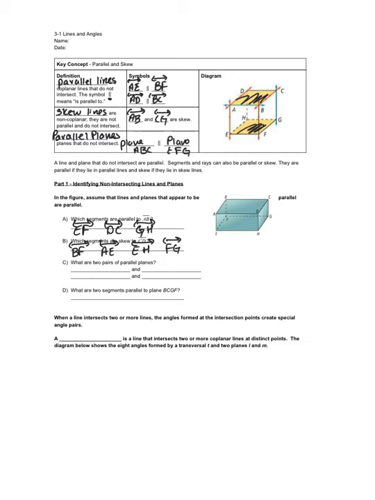Okay. Now C asks for two pairs of planes that are parallel. All right. So here we have plane ABC, which is parallel to plane EFG. All right.